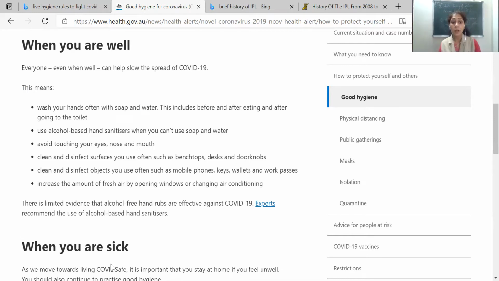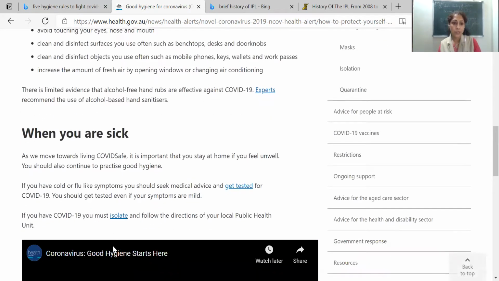When you are sick, as you move towards living COVID safe, it is important that you stay at home. If you feel unwell, you should also continue to practice good hygiene. If you have cold or flu-like symptoms, you should seek medical advice and get tested for COVID-19. That is the primary thing. You have to go if you start getting the symptoms.